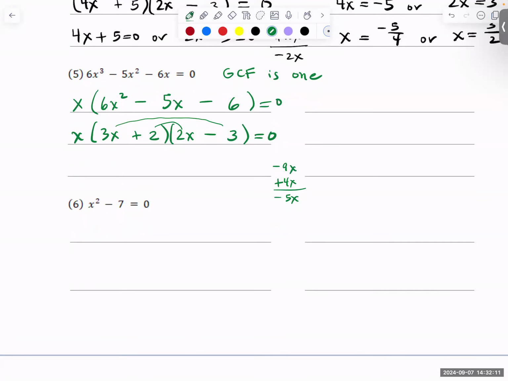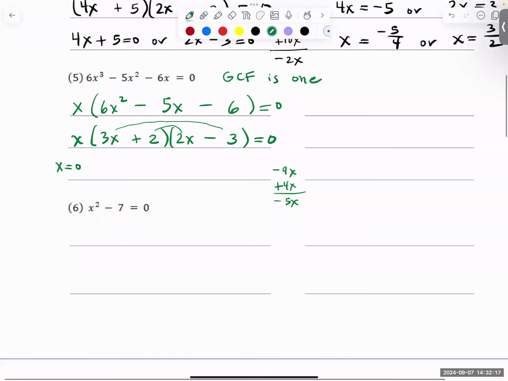The first is x, so we have x equals 0 is one solution for the cubic or third degree equation. We may get three unique solutions, or 3x plus 2 equals 0, or 2x minus 3 equals 0.